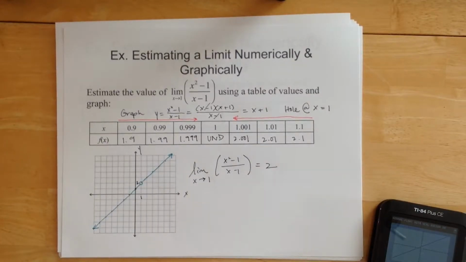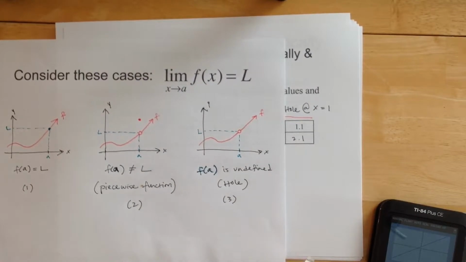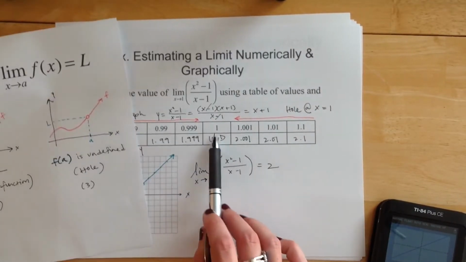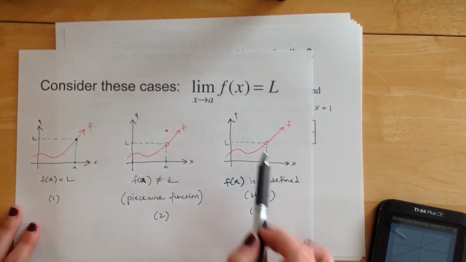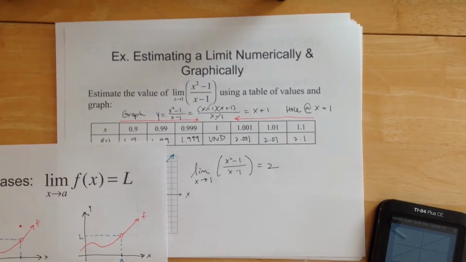This example is our third case of whenever the limit exists. We actually had a hole at x equals 1, but our limit was still a finite value, so it's still 2.